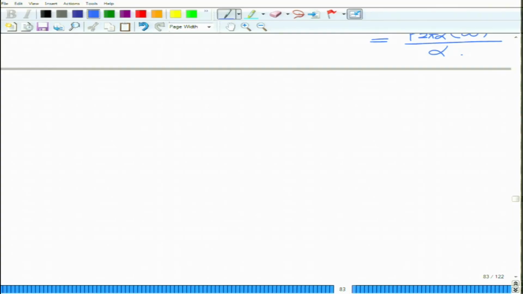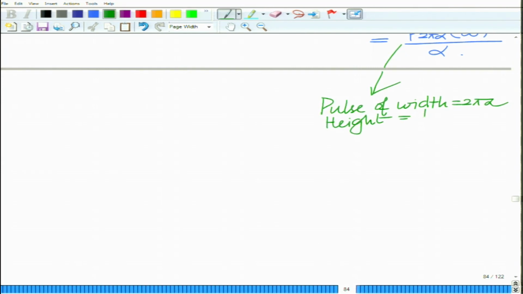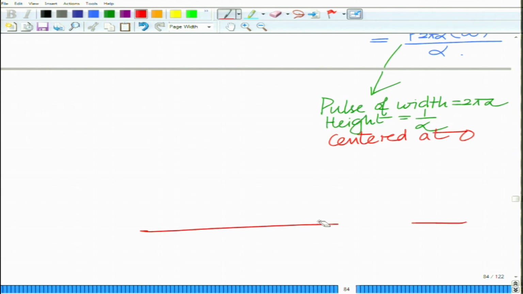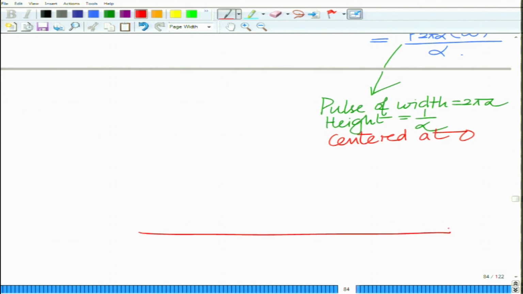So, if you realize that, you can see this is a pulse of width 2 pi alpha, height equals 1 over alpha, centered at 0. So, this is going to be something that looks like this, okay.